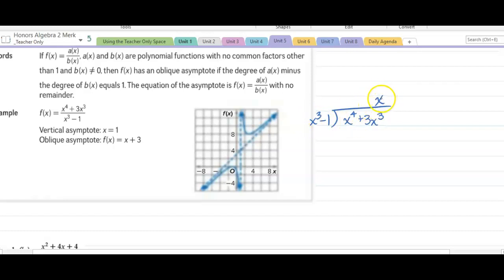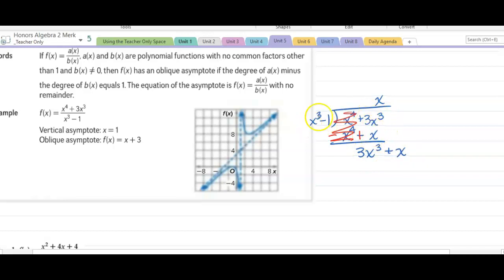And the answer is x. x times x cubed is x to the 4th, minus x. Change the signs because we subtract here. These cancel, and I'm left with 3x cubed plus x. They can't go together because they're not like terms.